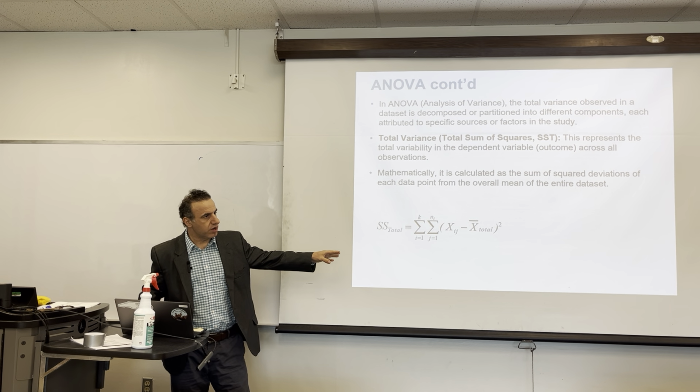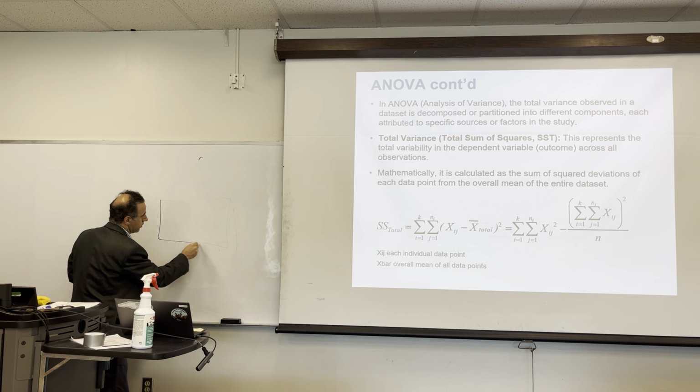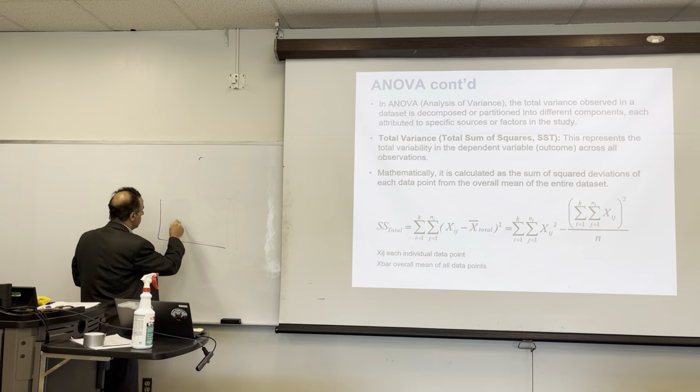these two terms, you can find these two terms. What is it? Xij. Let me do this on the board, because we're going to do one problem. When you have Xij, this is i, this is j.